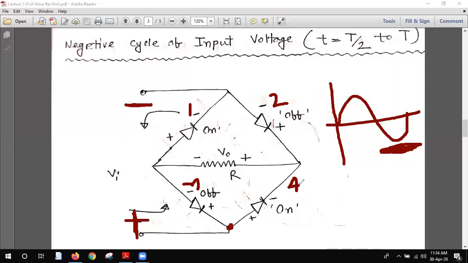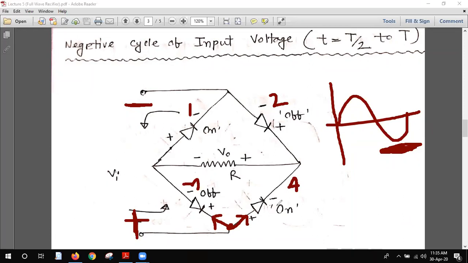So when it reaches this point, the lower point, it has this path and this path also. Which path will it flow?